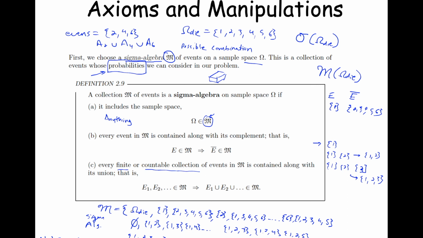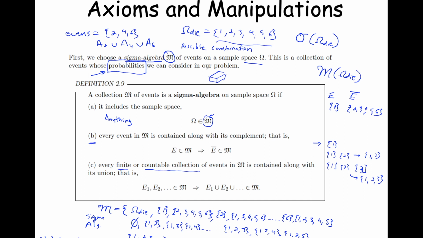And so not only do we include the one-way, two-way, three-way, four-way, five-way, etc. events, we also have the complement because we still have to satisfy B. So if we do this, this gives us all of the possible ways we can have combinations of events from our sample space.